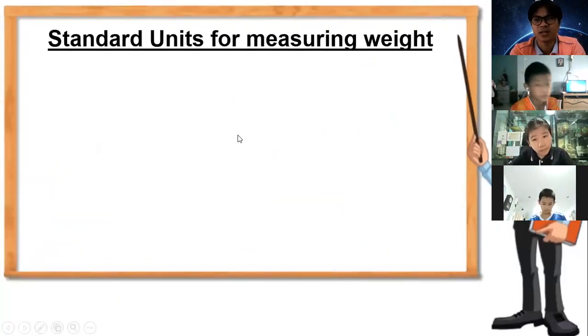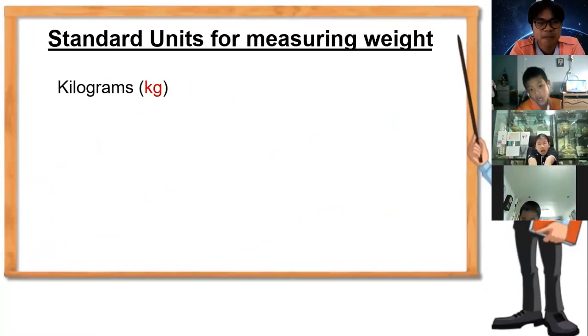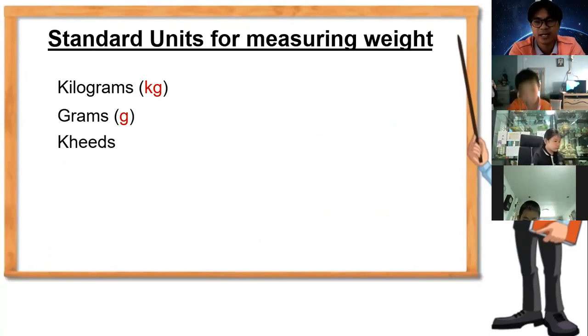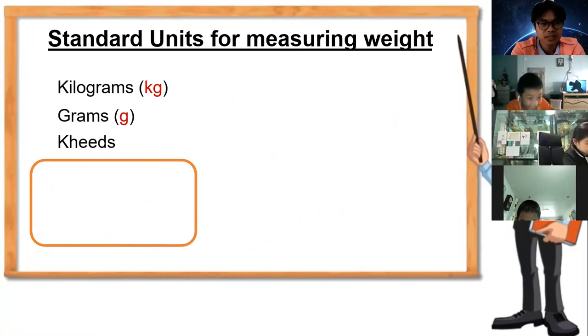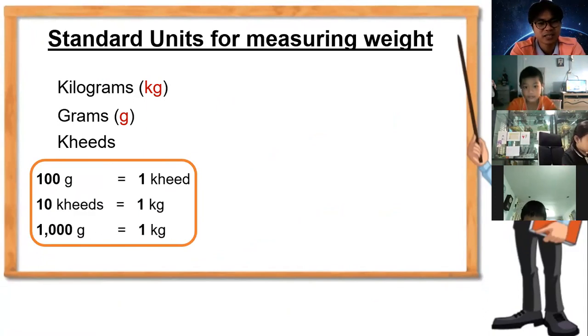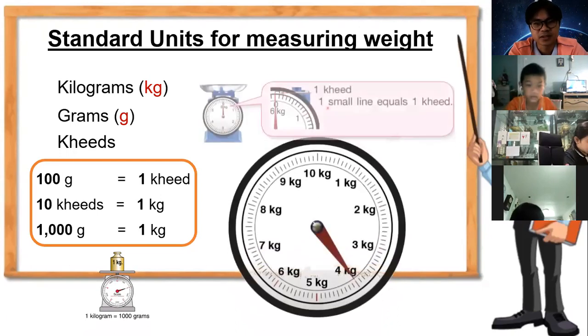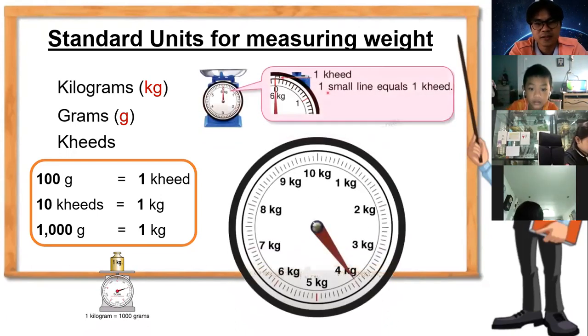We have also learned the standard units for measuring weight: kilograms, abbreviated kg, grams, abbreviated g, and we have here kids. We learned that 100 grams is equivalent to 1 kid, 10 kids is 1 kilogram, and 1,000 grams is equal to 1 kilogram. Just a quick review here.